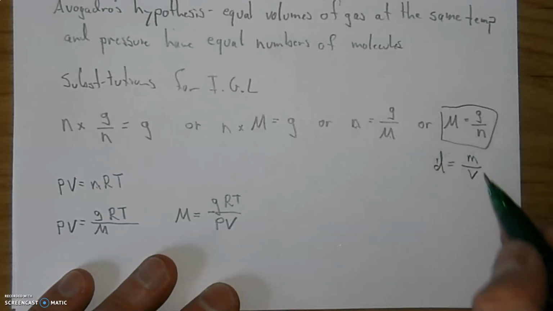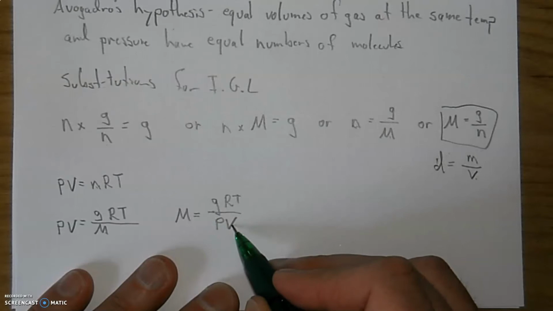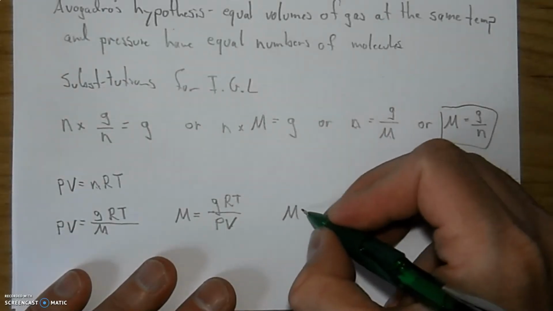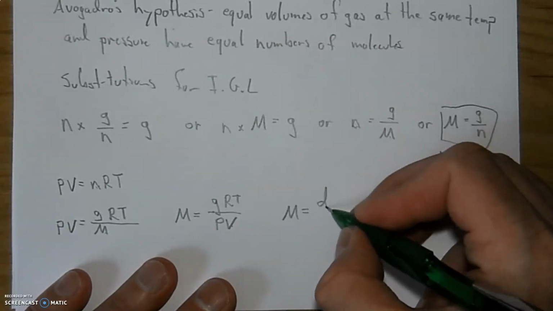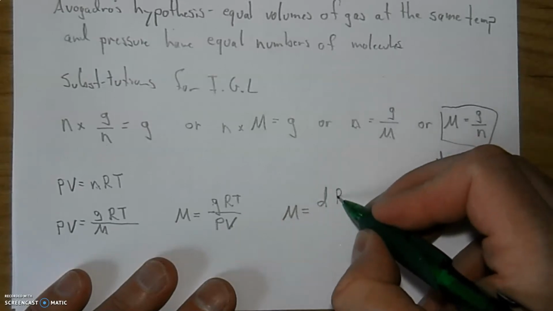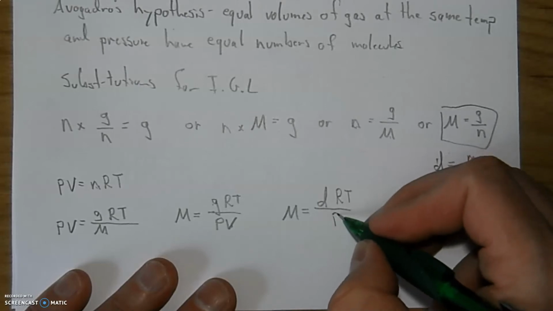Now, with the understanding that I have mass over volume, we could also make another substitution. If I knew the molar mass of something, I could bring in density for mass and volume, still have the RT, and then pressure down here.